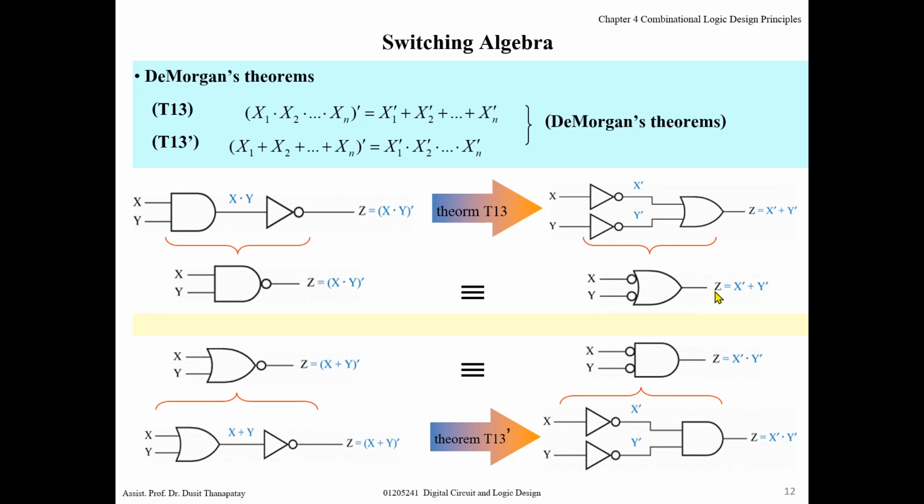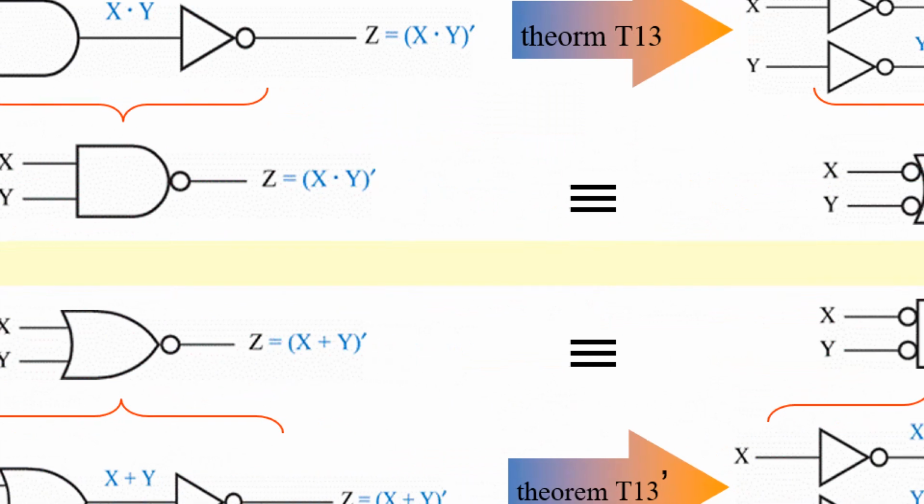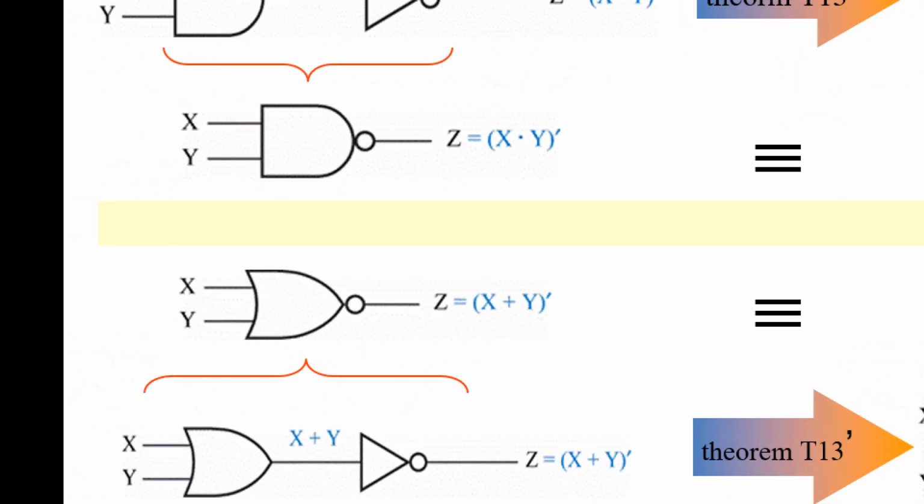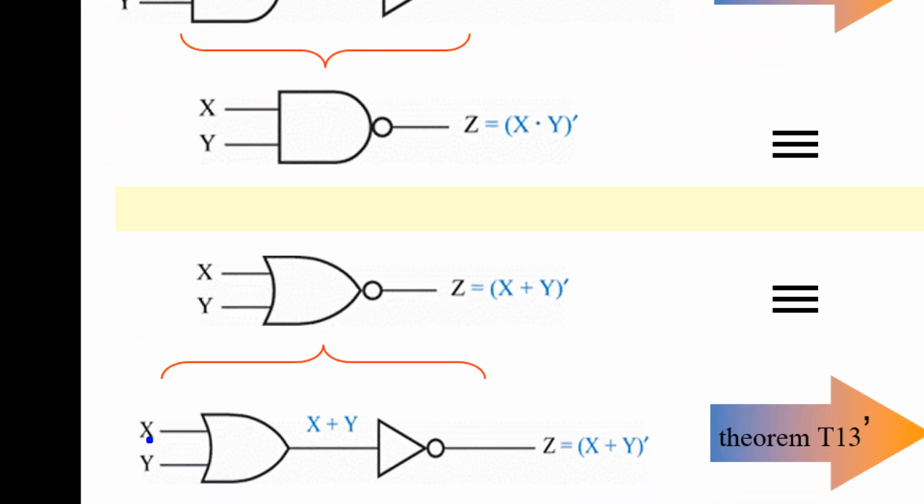So please remember. How to remember? Actually, you can do something like this. Let's imagine I move this inversion bubble from the output side to the input side. Let's move, and then we pass through this body, right?